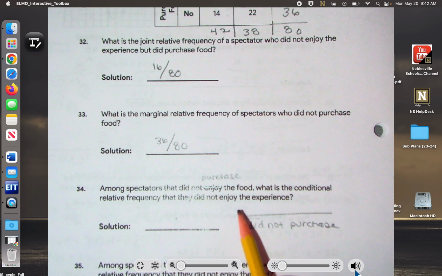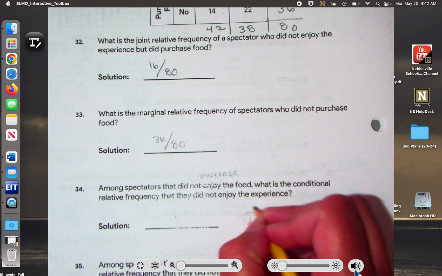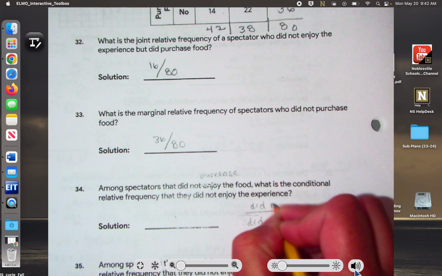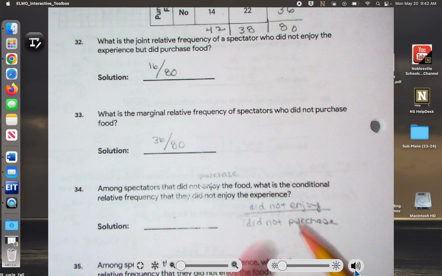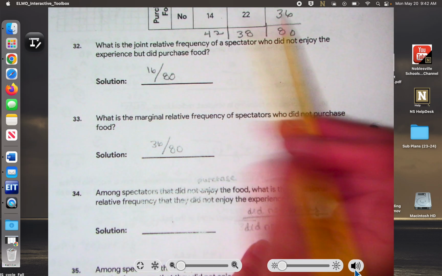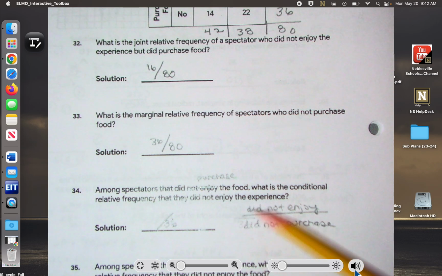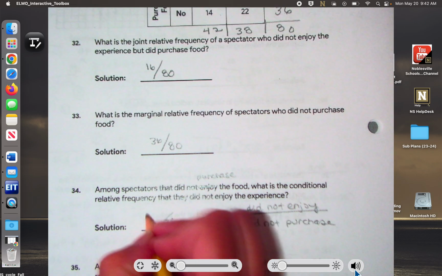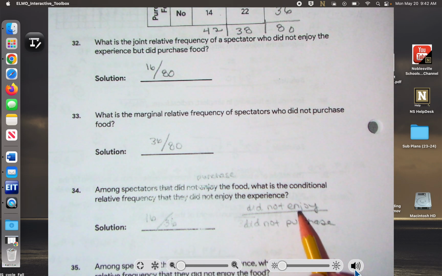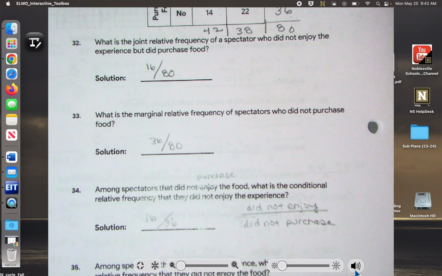They did not enjoy the experience. So, did not enjoy. Okay, so the did not purchase is 36. Total people did not purchase. And how many people did not enjoy the experience? So there's 16 out of the 36. So did not enjoy the experience, did not purchase food. 16 out of those 36.